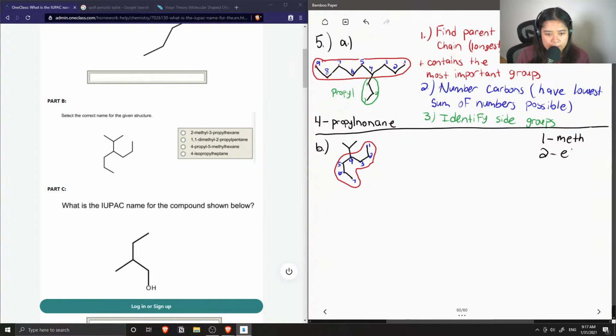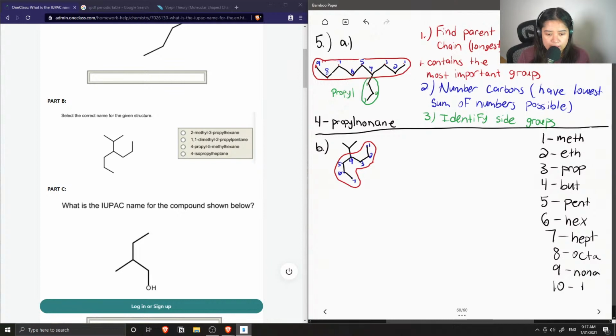For 2, it's eth. 3 is prop. 4 is bute. 5 is pent. 6 is hex. 7 is hept. 8 is oct or octa. 9 is nona.